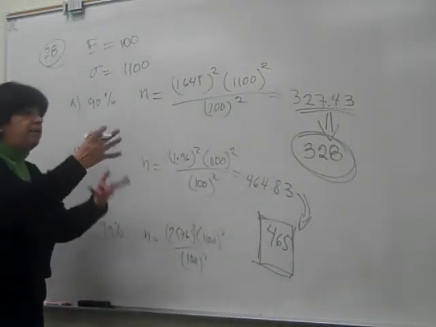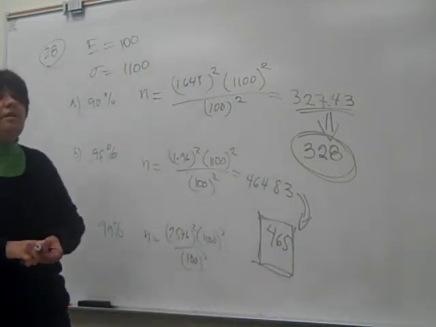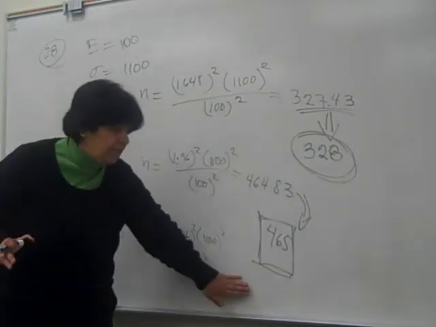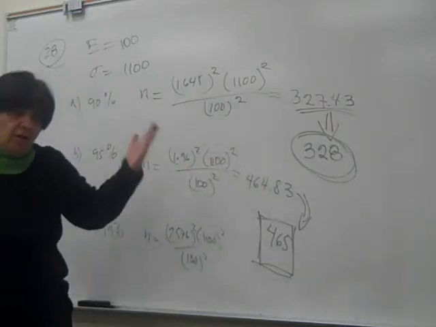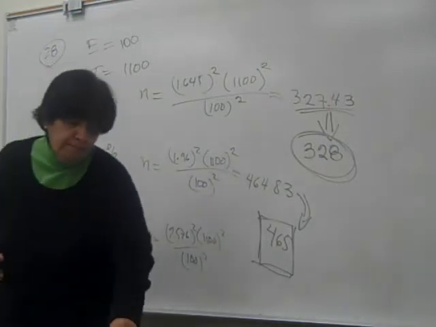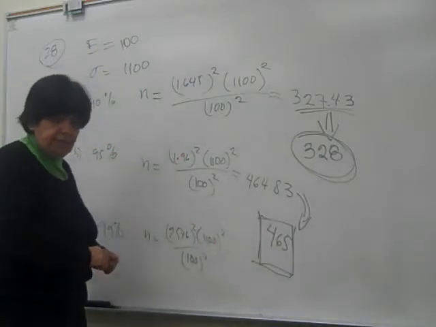I don't know what that is, but it has to be higher than 465, because every time that you increase your confidence level, your sample size has to be increased as well, because you want to be more sure. So that is the case.